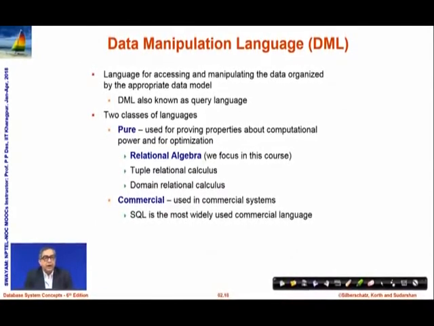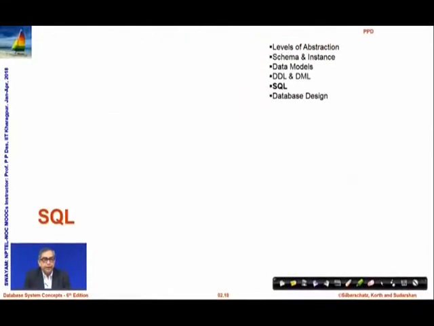But these are more mathematical representations and not easy to write as a program. So, normally we will use a commercial query language called SQL for most of our applications, and we will do the coding in that.